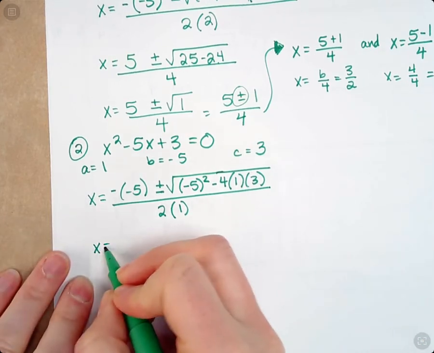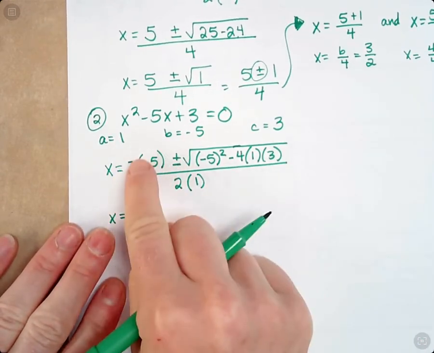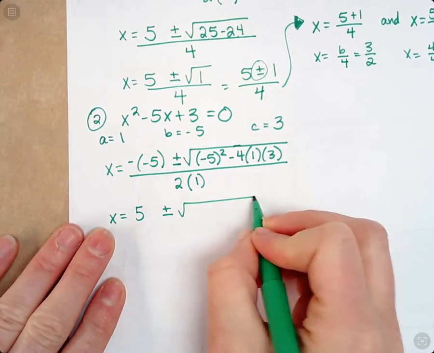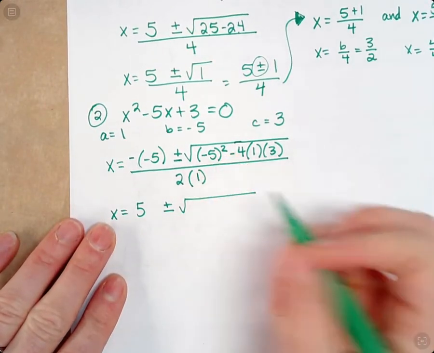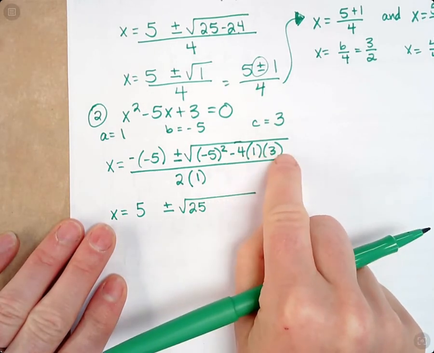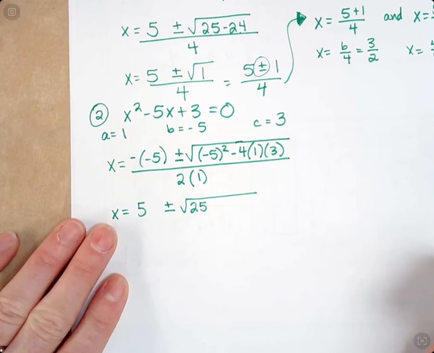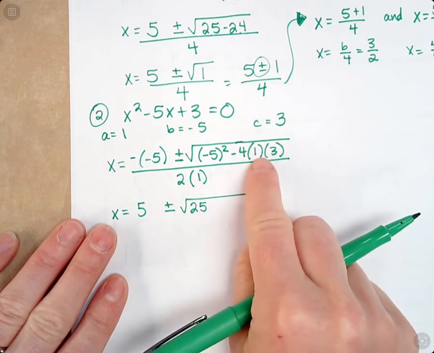So X equals, so let's simplify it. I can simplify this -5 into just +5, plus or minus the square root of negative 5 squared, 25, minus 4 times 1 times 3.